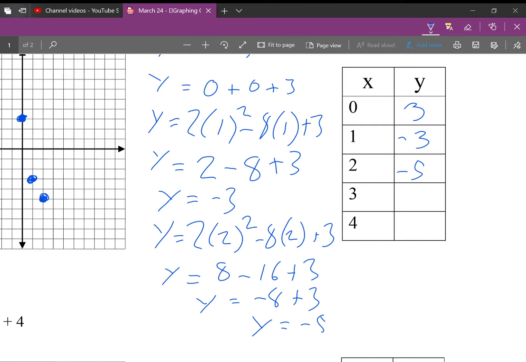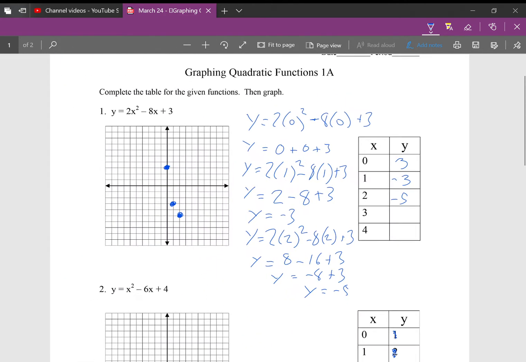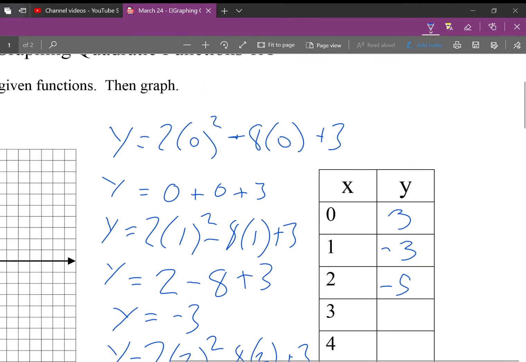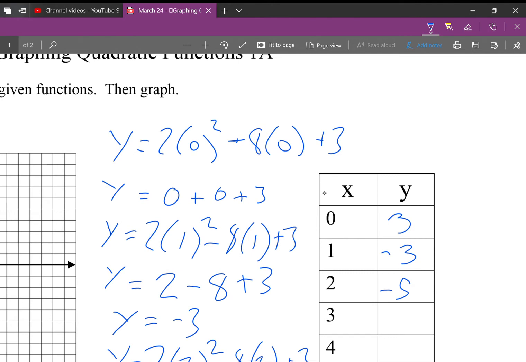All right, getting a little tight with space. I'm going to try to squeeze the rest of the work. Let's go back up to the top and plug in the number 3. I'm going to make a line here so you can see that they're separate. So y equals 2 times 3 squared minus 8 times 3 plus 3.